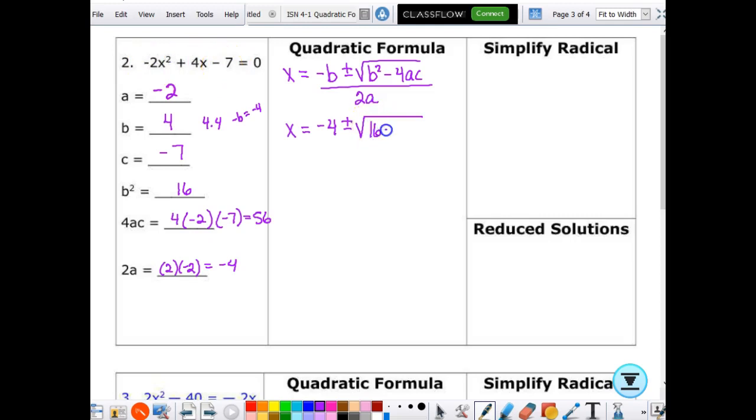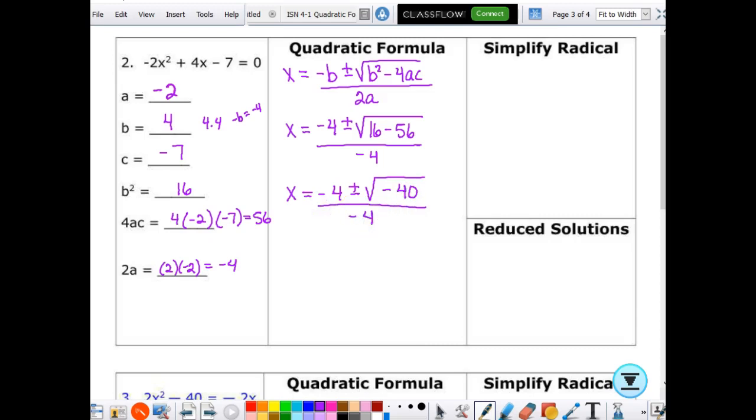Okay, 16 minus, because b squared is 16, minus 56 over 2a is negative 4. So that minus came from the minus sign here. 56 is actually positive. Okay? Okay, 16 minus 56 is a negative 40. I had 40 in my mind and then I said 30.